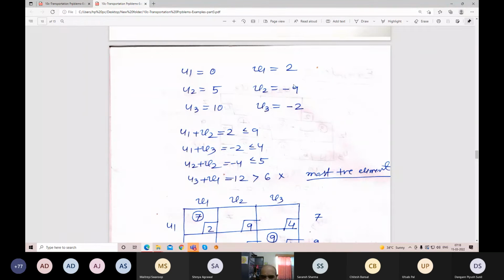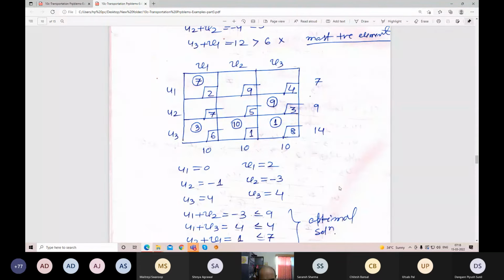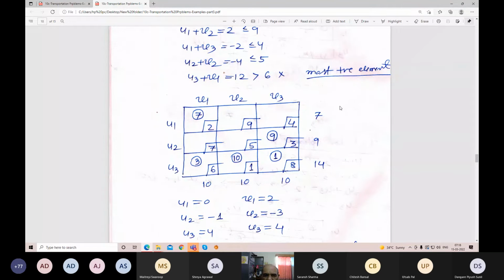So U1, U2, U3, V1, V2, V3. Further we are checking. Again we find that not all are fulfilled, only 3 are fulfilled, one of them is not fulfilled. So we again make some allocation, and after that we find the solution.